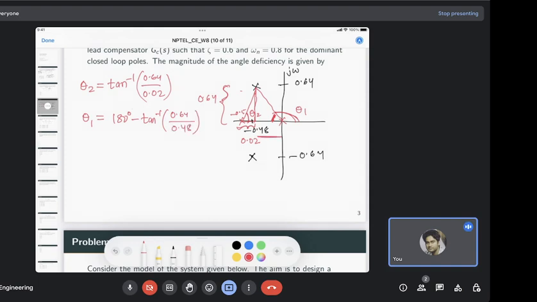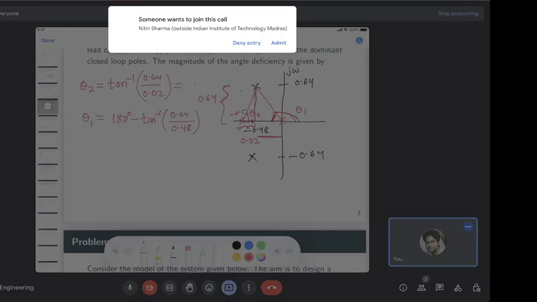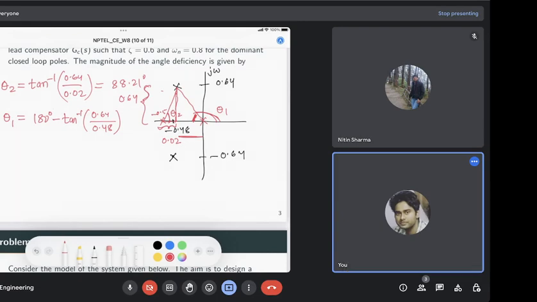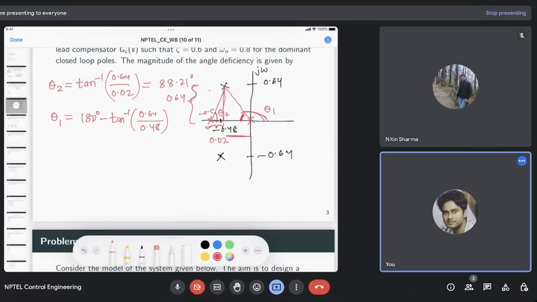So this angle theta 2 is just computed directly using the calculator: 0.64 by 0.02, so it's 88.21 degree. This is how we compute these angles.